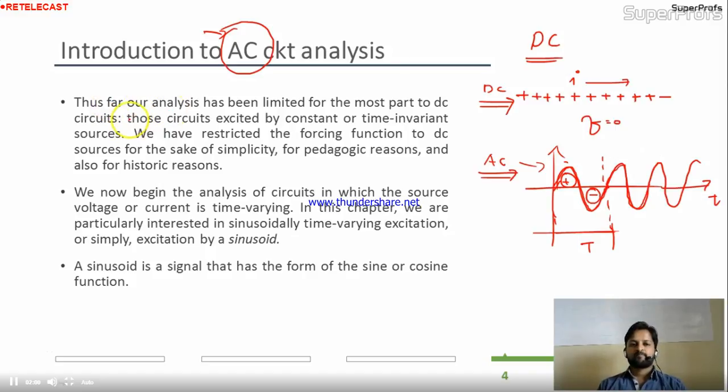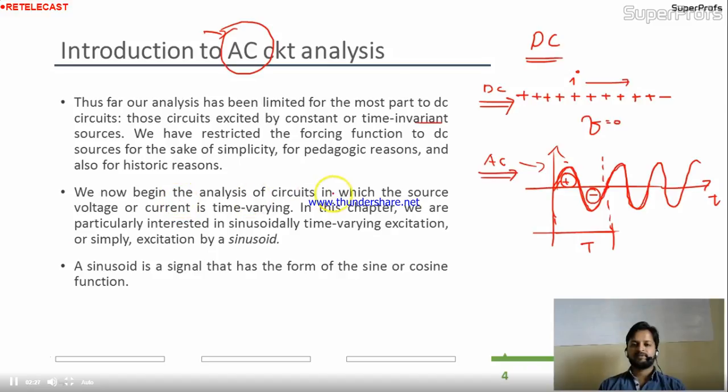So thus far our analysis has been limited for the most part to DC circuits, those circuits excited by constant time invariant sources. We have restricted the forcing function to DC sources for the sake of simplicity, for pedagogic reasons, and also for historic reasons. Now come to the point.